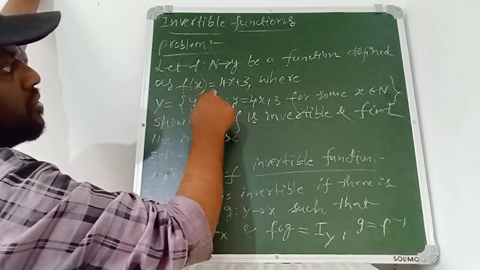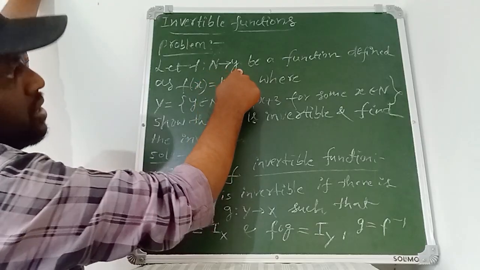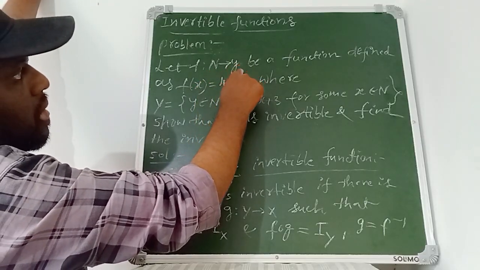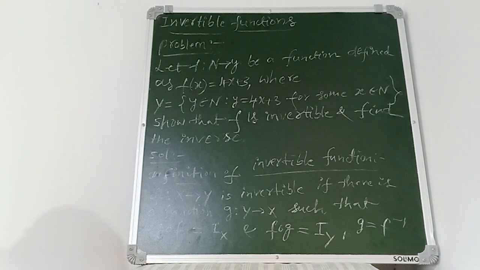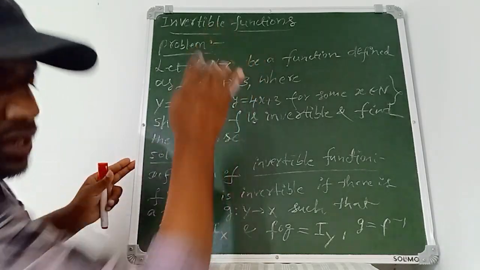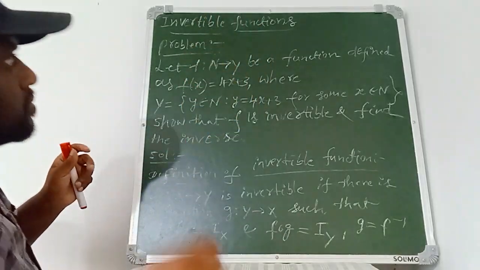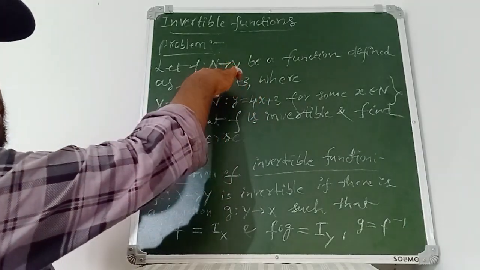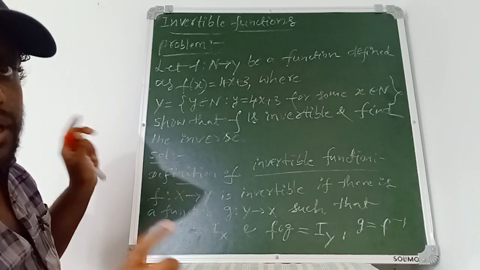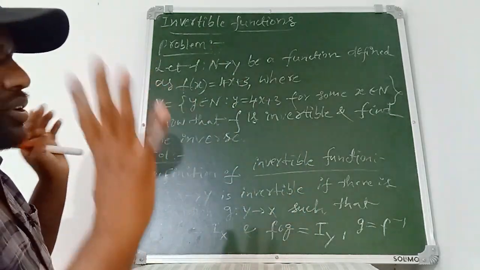This is the function f of x equals 4x plus 3, and here f: N → Y means, this is capital Y, not small. N to Y means Y is the output and N is the input. Here N means natural numbers. Natural numbers start from 1, 2, 3, till infinity.